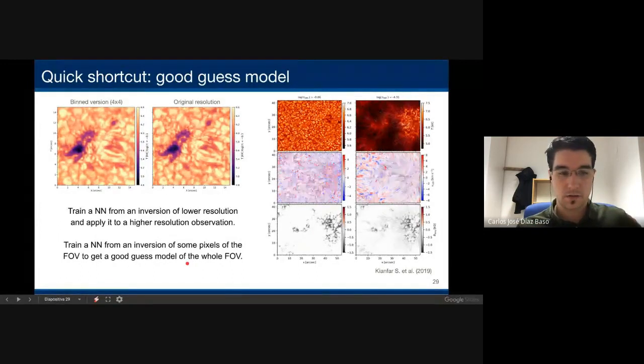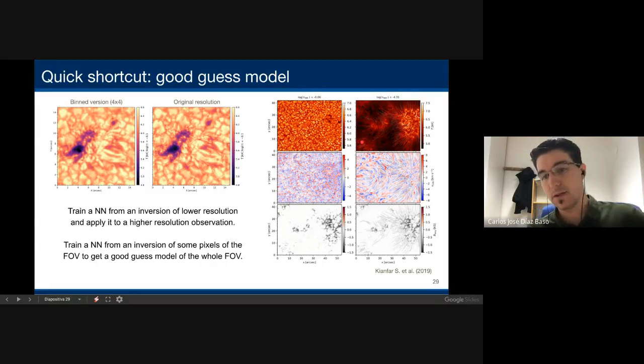So this is very important because in principle, with this very expensive method in terms of computations, one can only do an inversion of a small field of view.